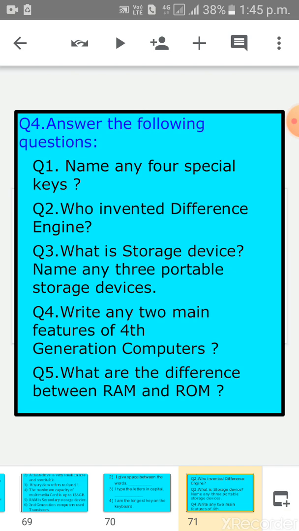Question number 4, write any 2 main features of 4th generation of computer. Children, I have taught 5 generations of computers. Out of that, you have to write only 2 main features of 4th generation of computer. Question number 5 and last, what are the differences between the RAM and ROM?